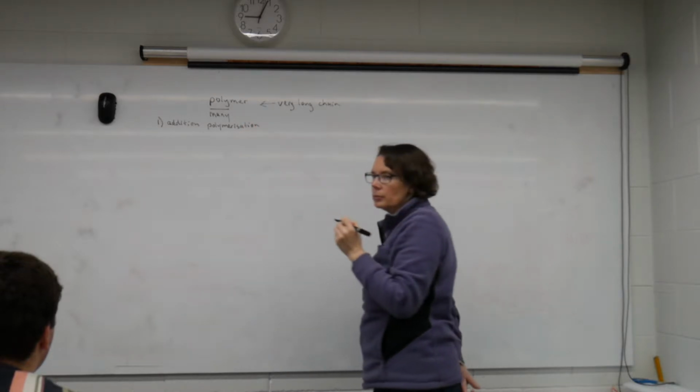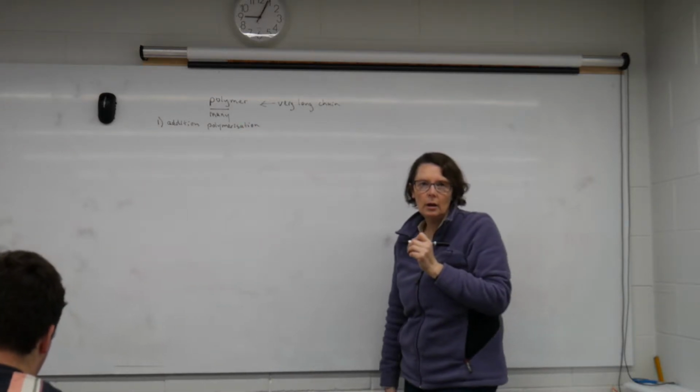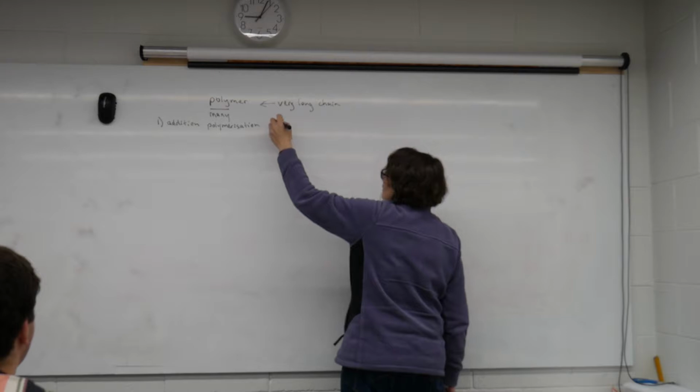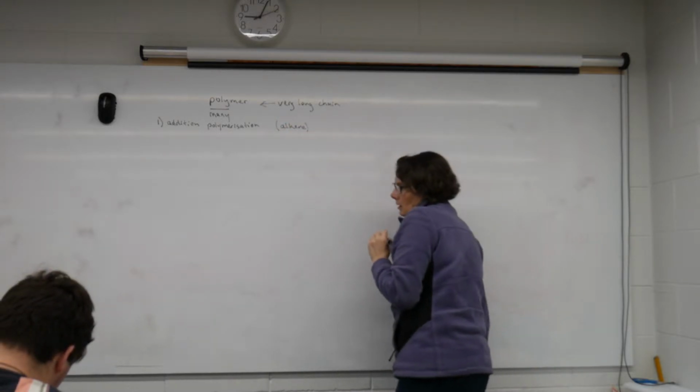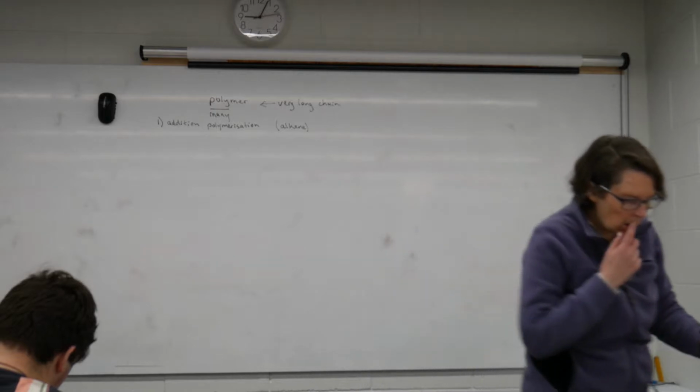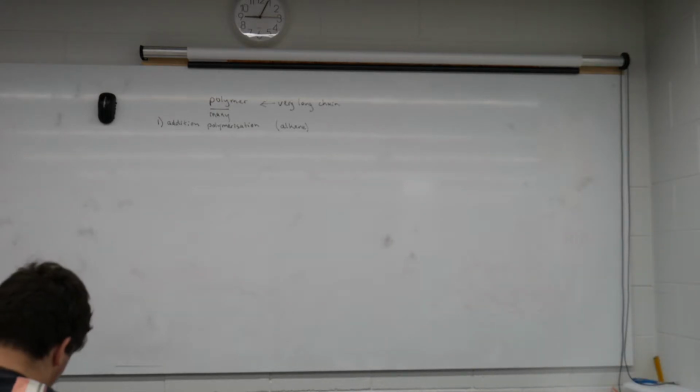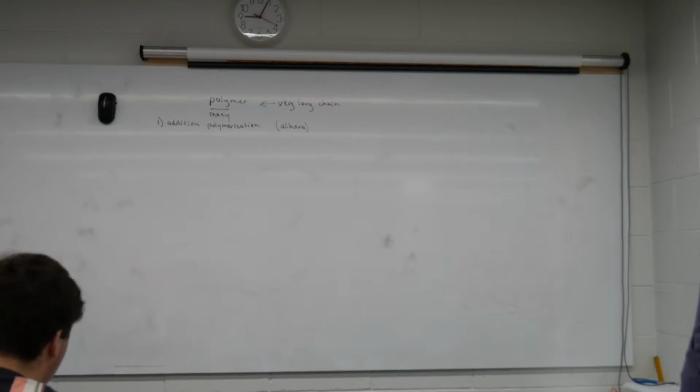And for addition polymerization, we need an alkene. And if we look at how we're going to set this up so that you do it the correct way every single time, I will show you.